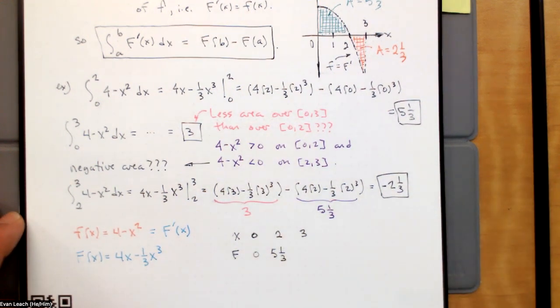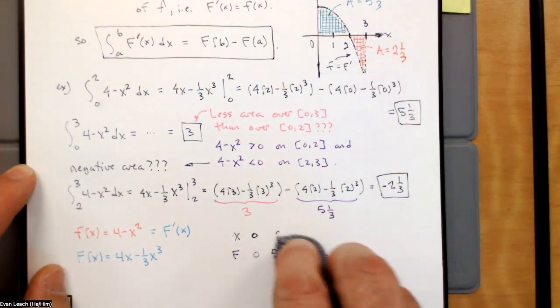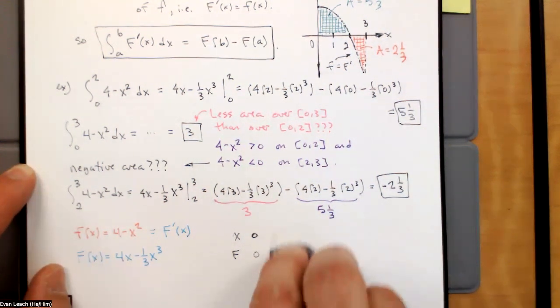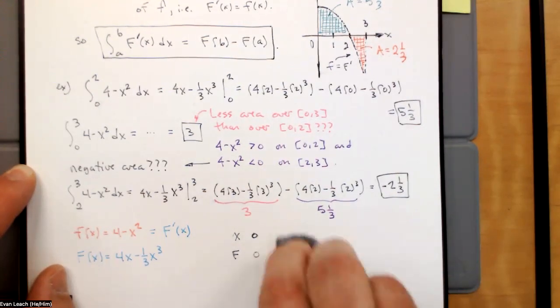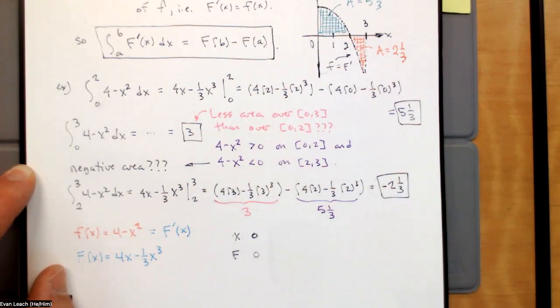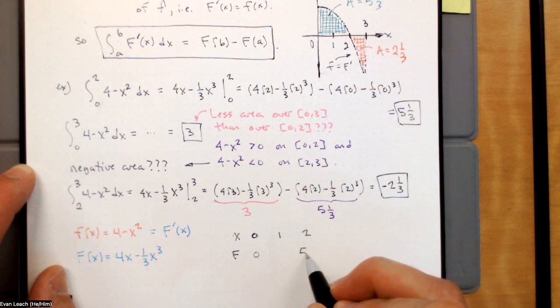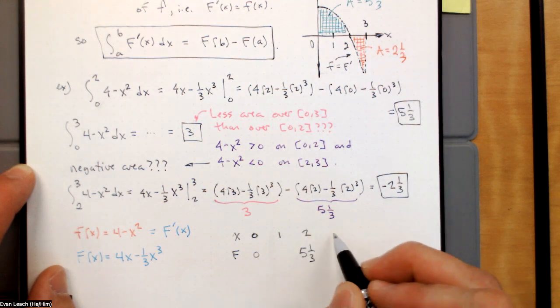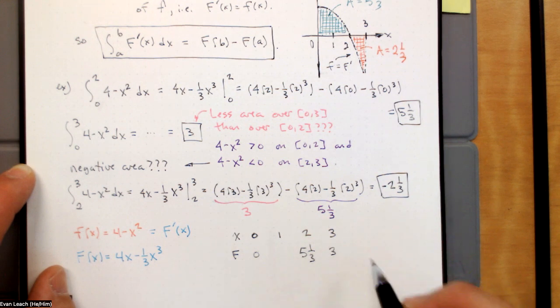I left off the 1. I wanted to put 1 in there. We haven't calculated 1, but at 2, capital F is 5 1/3. Then at 3, capital F was 3.